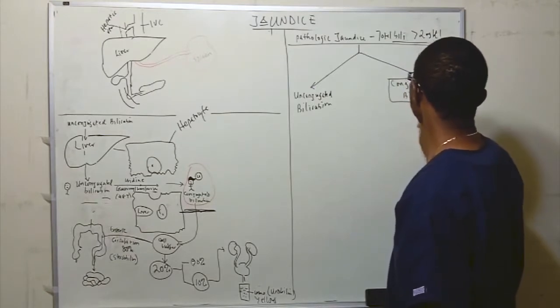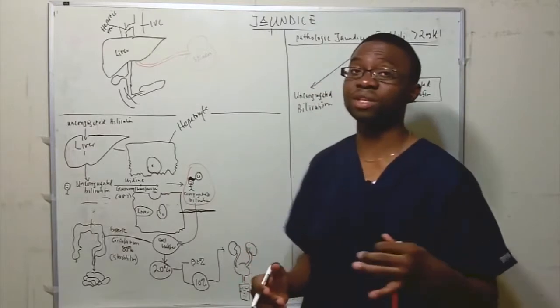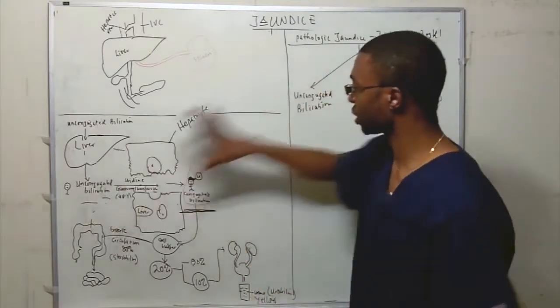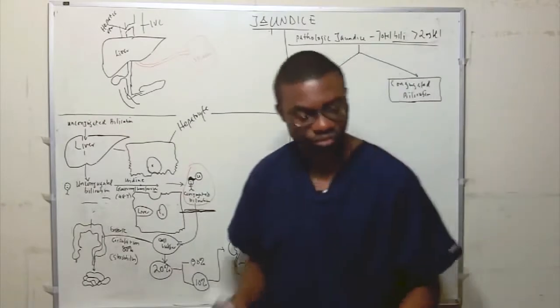But I think that will confuse you. So let's start with unconjugated first, because we're starting from unconjugated to conjugated. So I'm going to back up a little bit. Back to the notes.